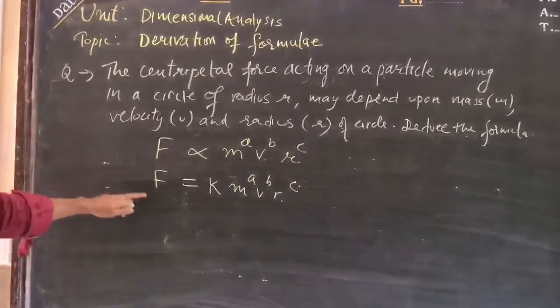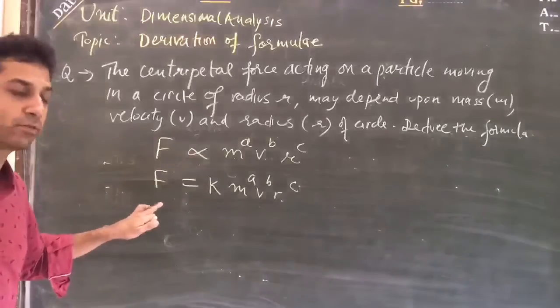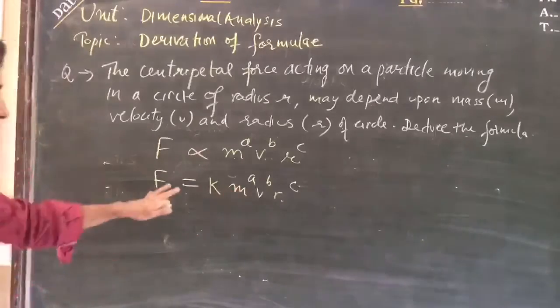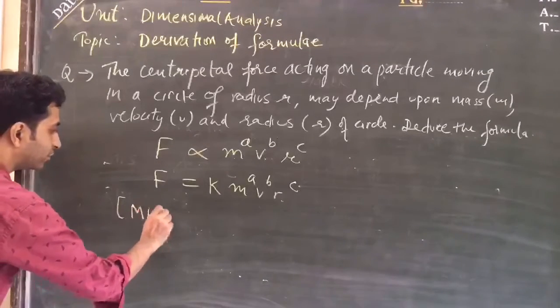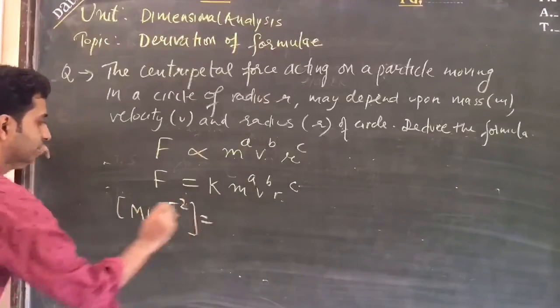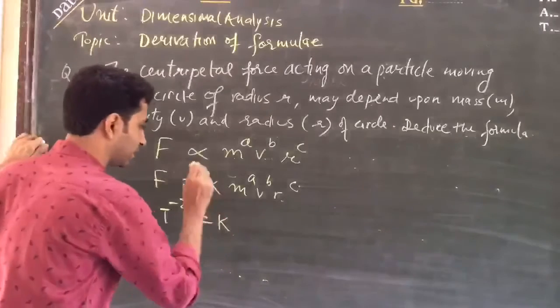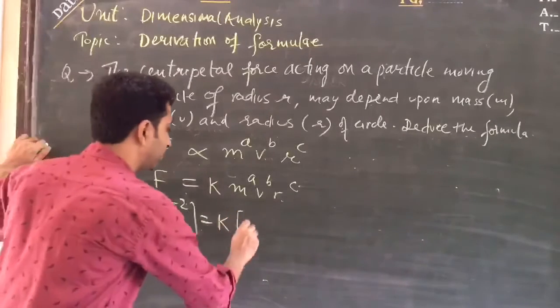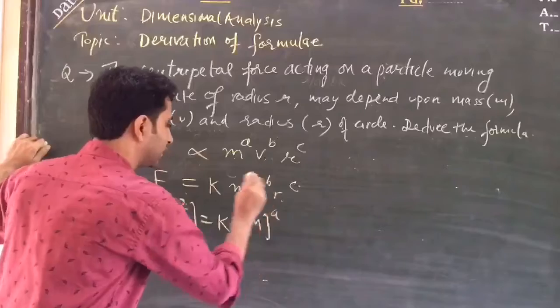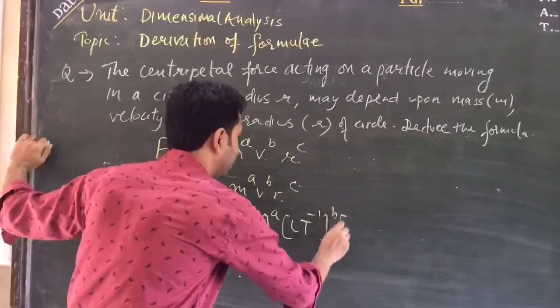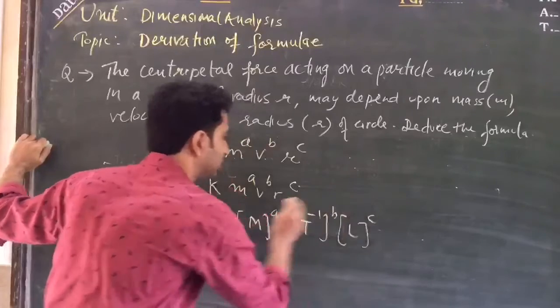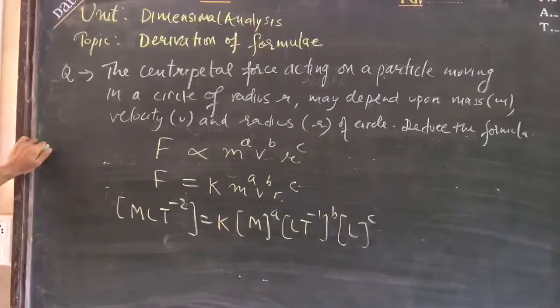Now the next step is to put in the dimensional formulas of all the physical quantities in the given equation. F represents the force. The dimensional formula for force is M L T^-2. K is a constant. m represents the mass, that is M^a. Velocity has dimensions L T^-1, raised to b. And r represents the distance, L, raised to c.